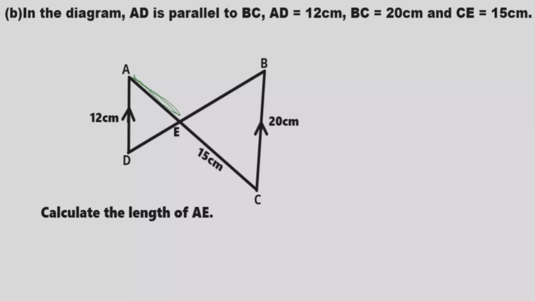So we can see that AD and BC are corresponding sides, and both dimensions are given. So we're going to come up with AD to BC. Okay, these 2 sides, their dimensions are given.